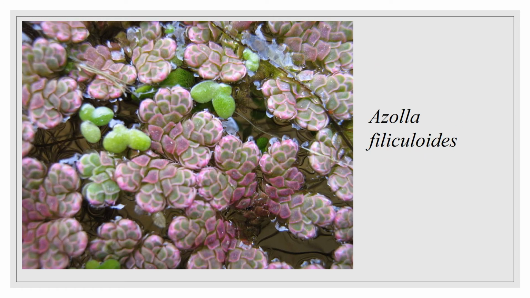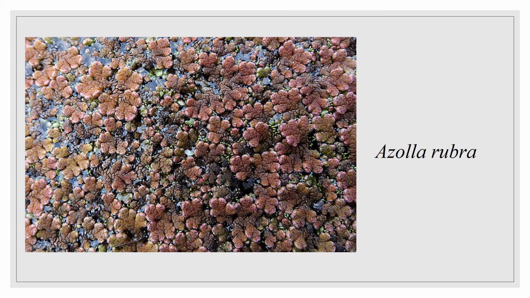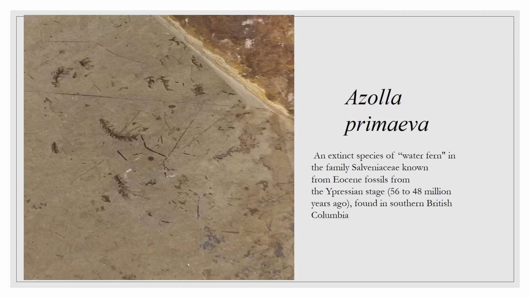Then there is Azolla filiculoides and Azolla primaeva, an extinct species of water fern in the family Salviniaceae, known from Eocene fossils from the Ypresian stage, 56 to 48 million years ago, found in southern British Columbia.